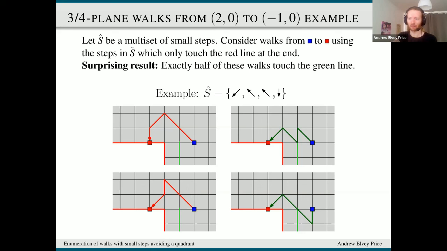Essentially, the answer is possibly no. The problem is, if you can have steps that could jump over one of the axes, then this method won't work, at least not immediately.